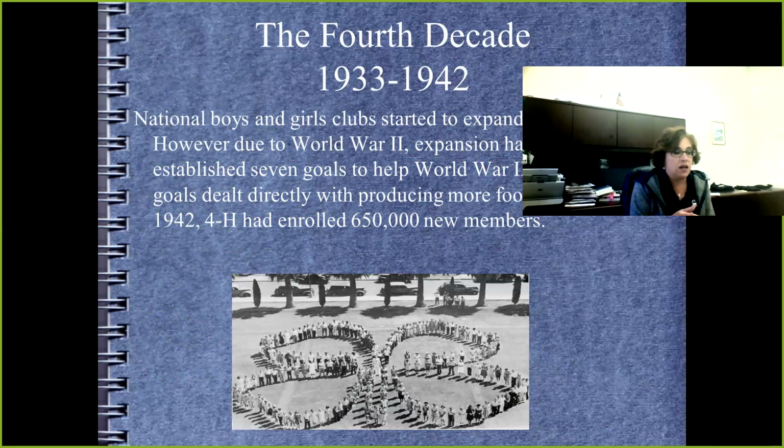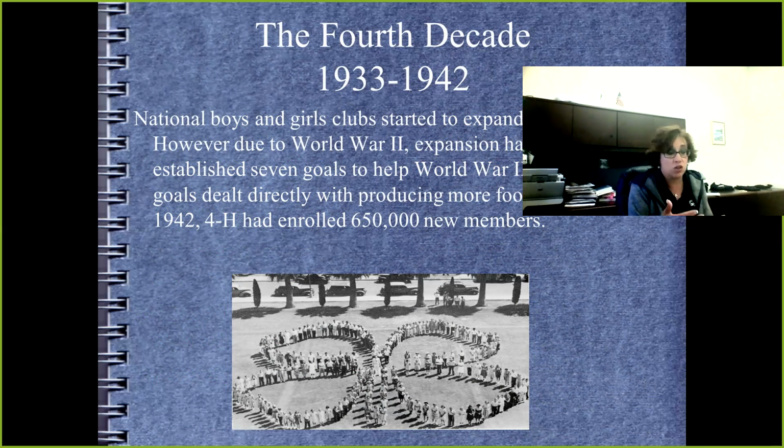But they did establish 7 goals to help with World War II, and 3 of those dealt with producing more food. So nationally we had young people working on producing more food. And then at the end of 1942, they had enrolled 650,000 new members.